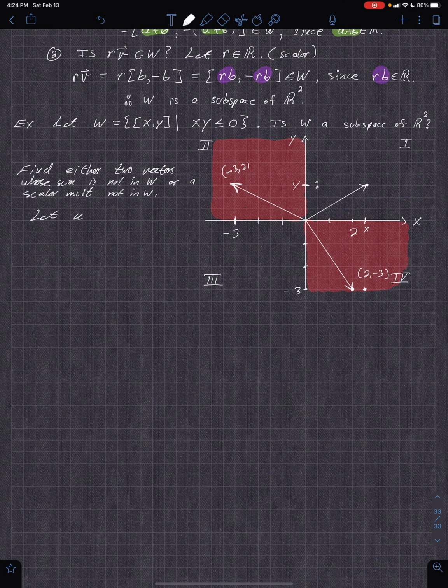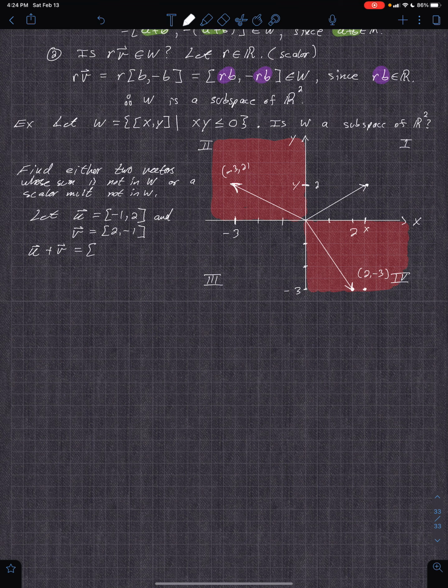So we're going to let U be (negative 1, 2), and V be (2, negative 1). What happens when you add those together? U plus V is equal to what?